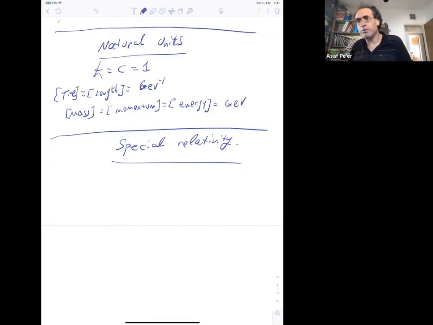By the way, is there anyone around this Zoom conference that did not take a course in special relativity in first or second year of studies? Is there anybody for any reason that is not familiar with special relativity? No, okay, I would expect that. What about the notation of 4 vectors?